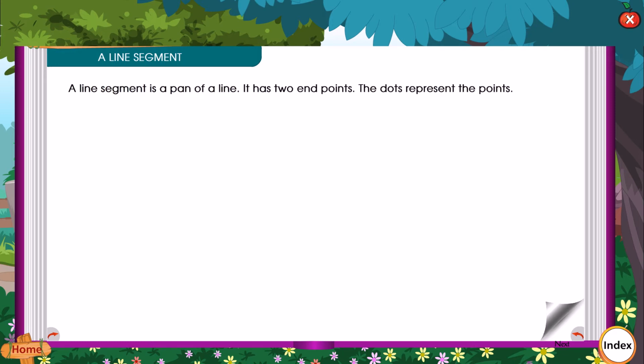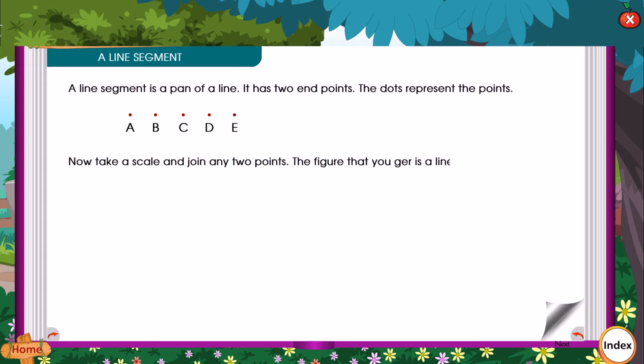A line segment. A line segment is a part of a line. It has 2 endpoints. The dot represents the points. Point A, point B, point C, point D, point E. Now take a scale and join any 2 points. The figure that you get is a line segment.